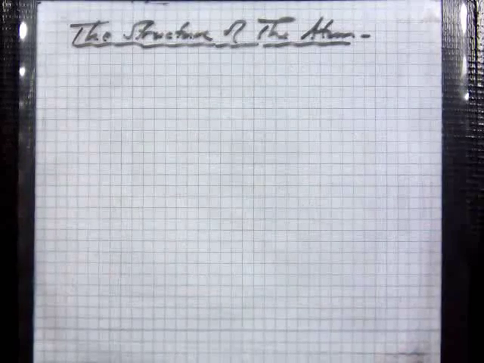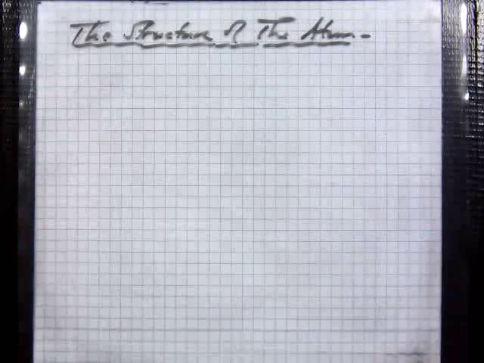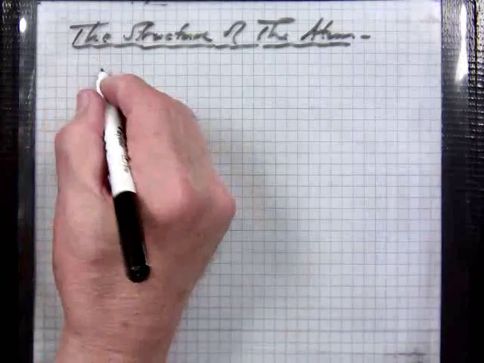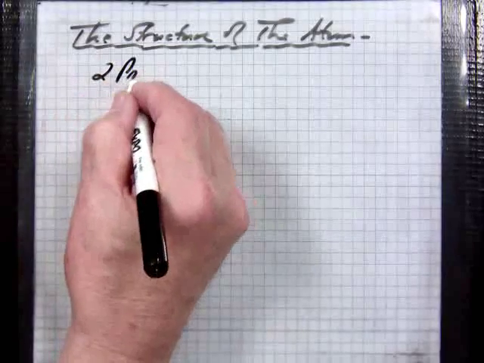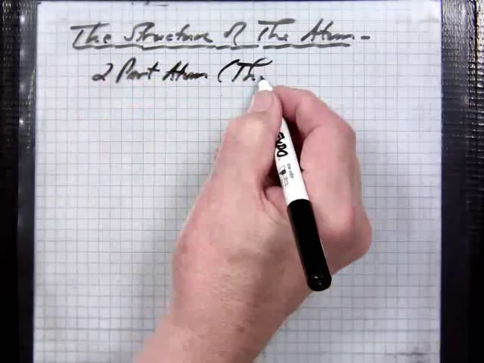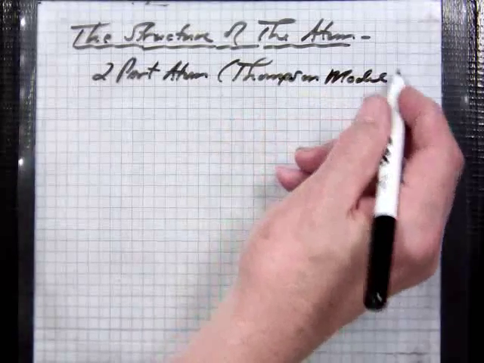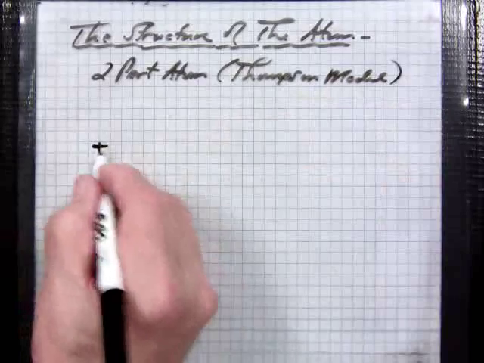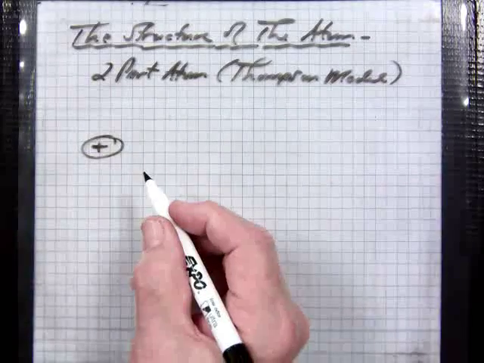The basic structure of the atom was first proposed in its current form by the Thomson shell model. Thomson was the first one to propose a two-part atom. And here we have a nucleus and, of course, the electron cloud.